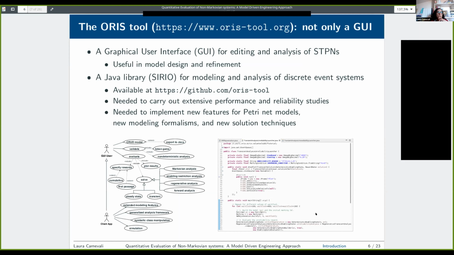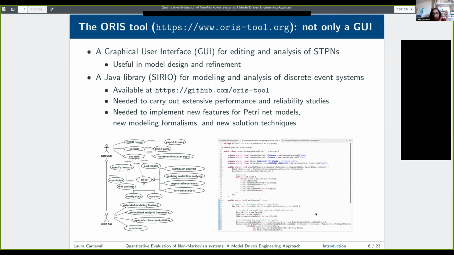So this is also a well-engineered library, which also facilitates the implementation of new features for the PetriNet models, new modeling formalisms in principle, and also new solution techniques. So of course, tasks that could not be performed using only a graphical user interface, clearly.